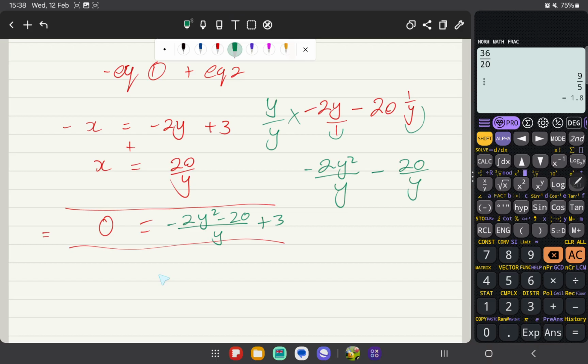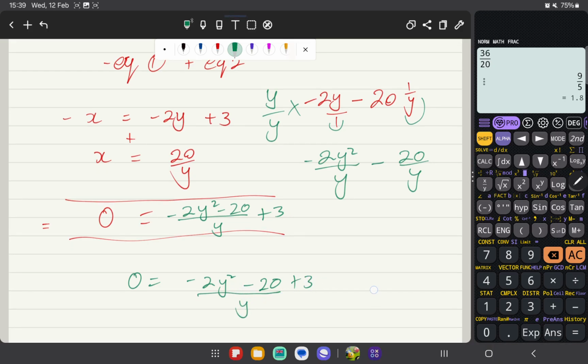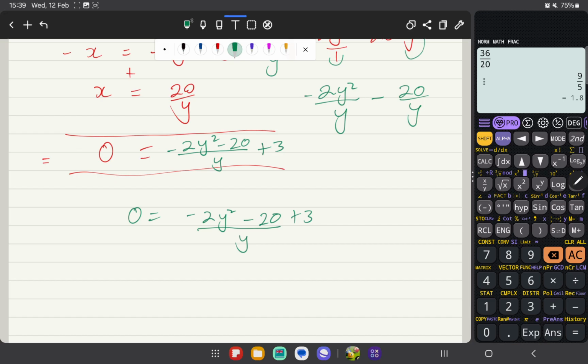After doing this, look at my equation. It's 0 equals minus 2y squared minus 20 plus 3, all over y. Look at my equation. I have eliminated x, which is the whole idea behind the elimination method.